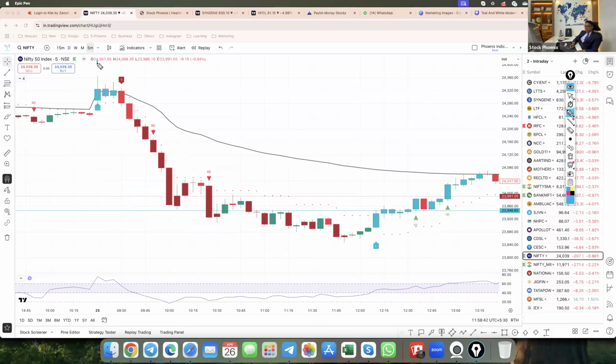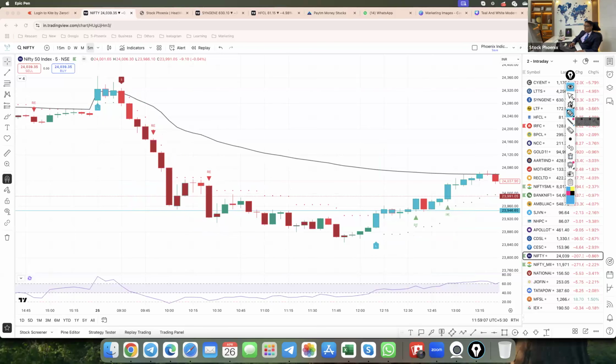Now, let's come to the next part. In this entire stretch, which candles are bigger? Can we consider this candle as big, these two candles as big?